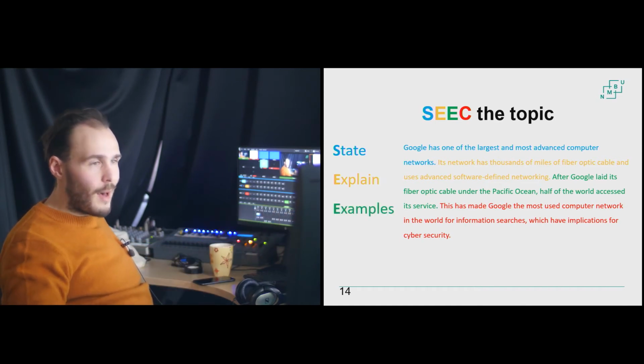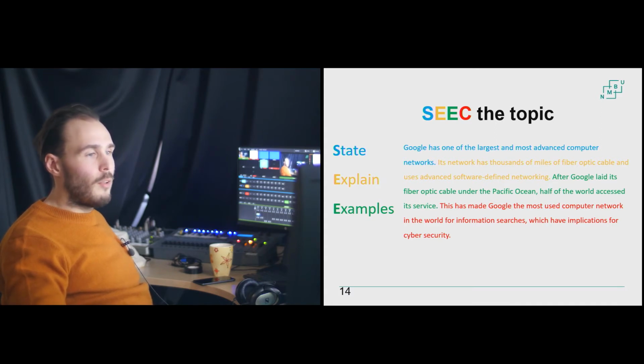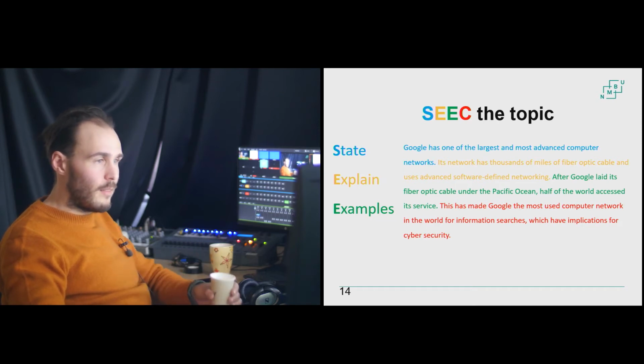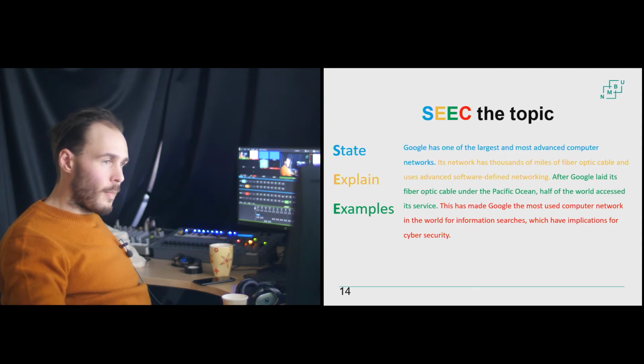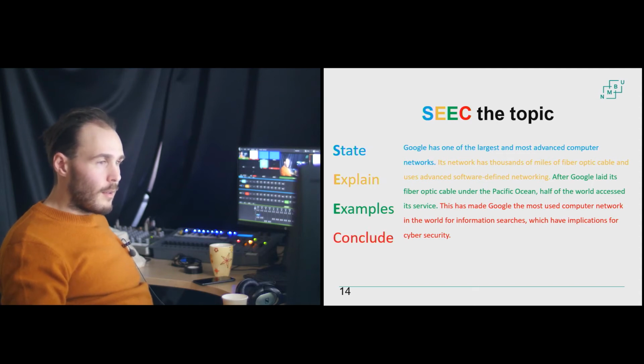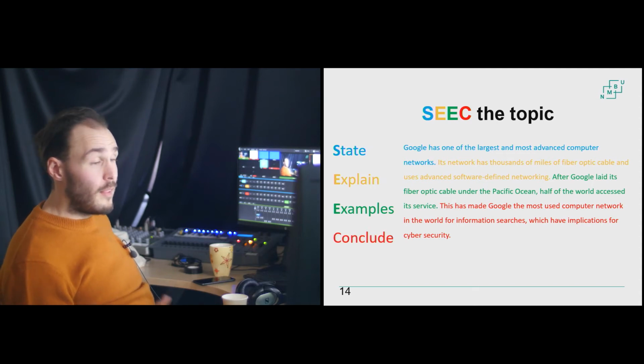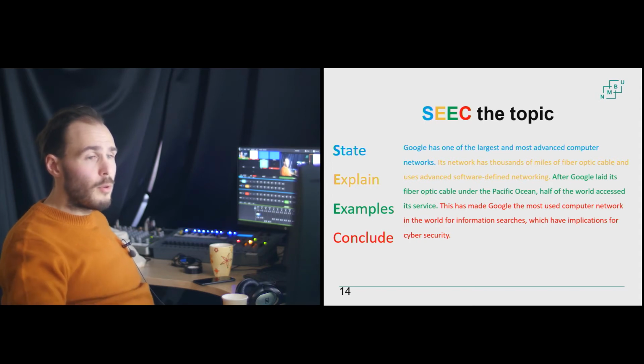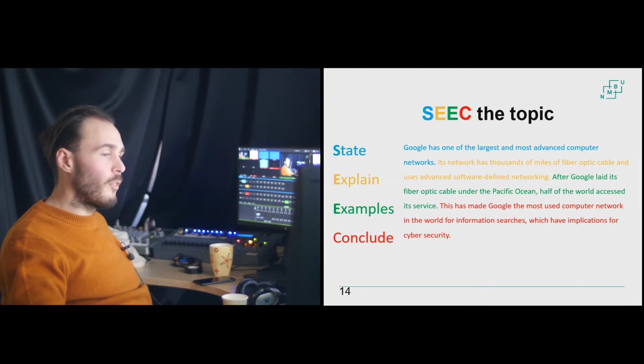Then in green, we have an example. After Google laid its fiber optic cable under the Pacific Ocean, half of the world accessed its service. And then comes the conclusion. This has made Google the most used computer network in the world for information searches, which have implications for cybersecurity.